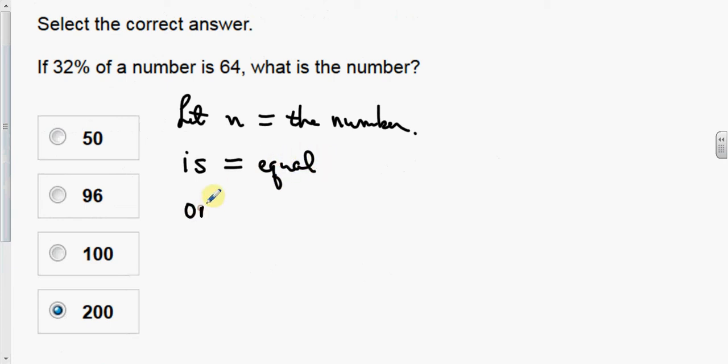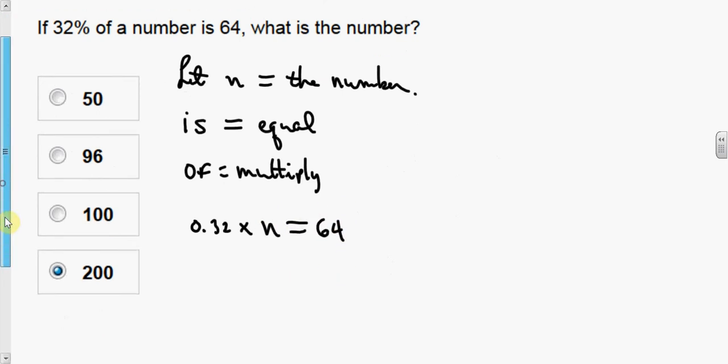And we talked about of, it means to multiply. So we have 0.32, I'm going to read this sentence, 32%, 0.32 of, that's times a number, that's n, is, that's equal 64.